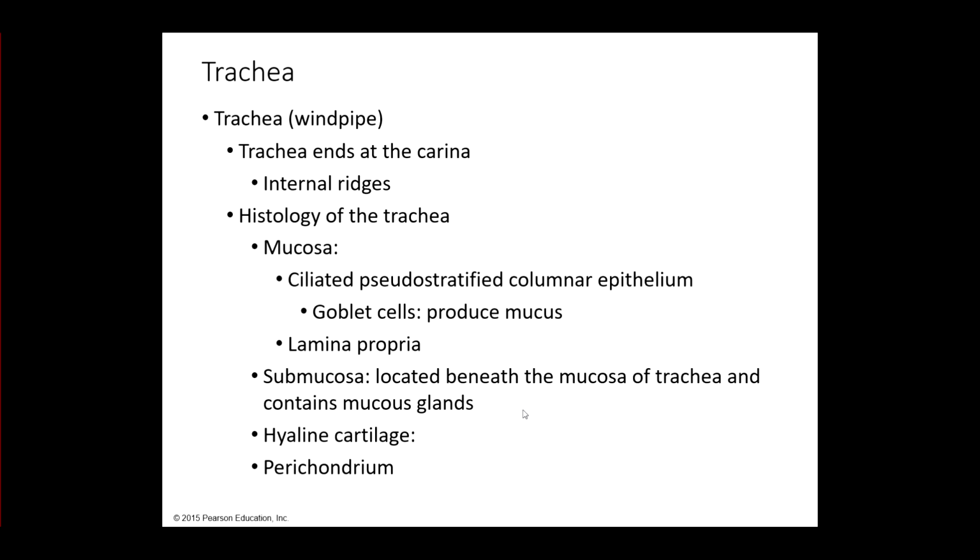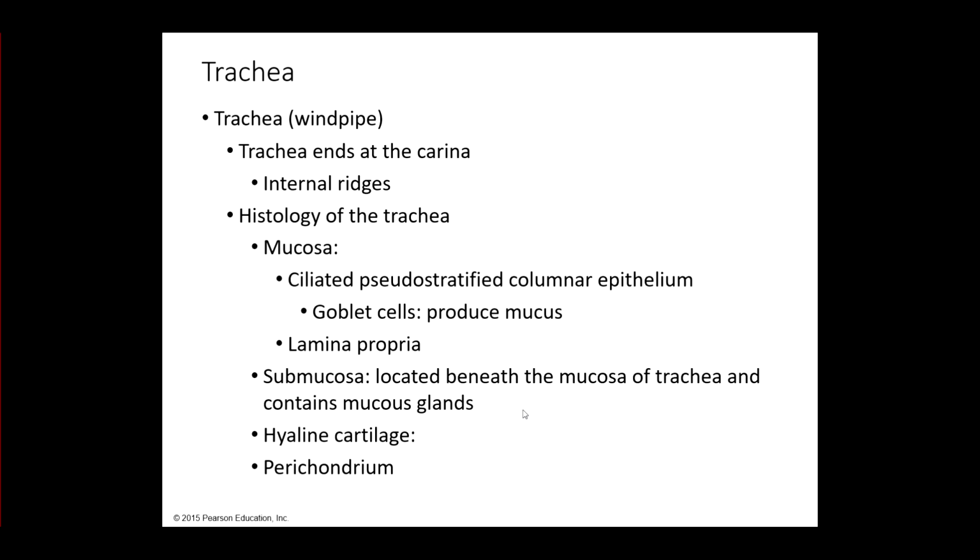One of the things that's important about this, the submucosa has a lot of large mucus glands, and these mucus glands are going to produce mucus in this layer, and then there's going to be ducts that bring the mucus onto the surface of the pseudostratified cells.